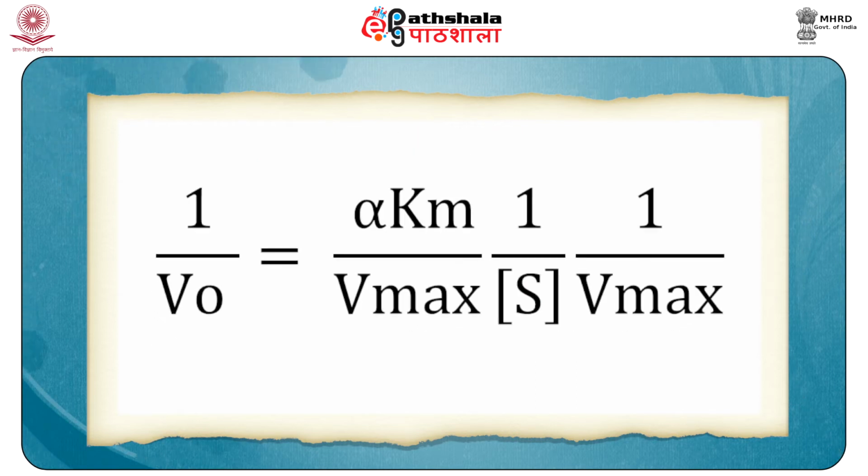If this equation is converted into the double reciprocal form of the Lineweaver-Burk equation, 1 over V0 is equal to alpha Km divided by Vmax into 1 over S plus 1 over Vmax.